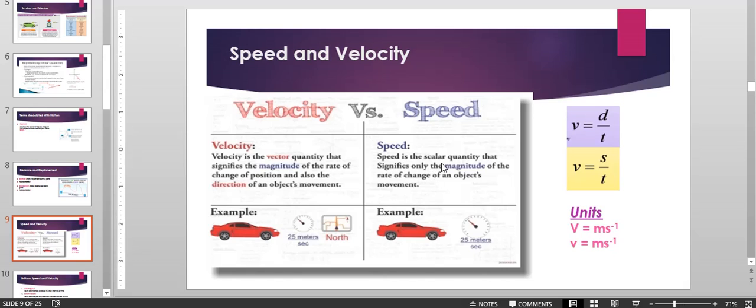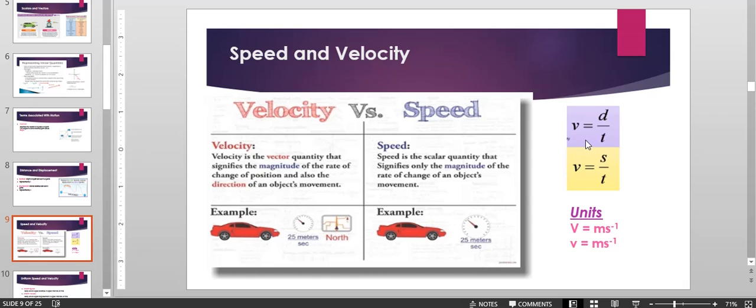Whereas speed is a scalar quantity that signifies only the magnitude of the rate of change of an object's movement. For example, 25 meters per second is only the magnitude for this red car.